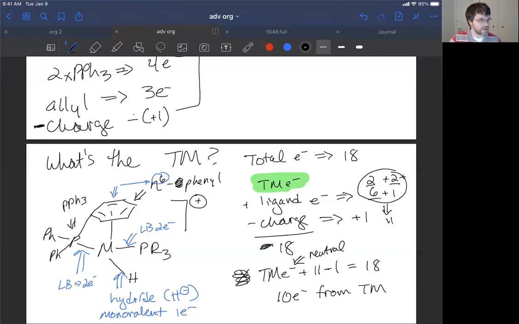Now, the transition metal, I believe they want us to consider, so 2 and 6 is 8, plus 2 is 10, 11.